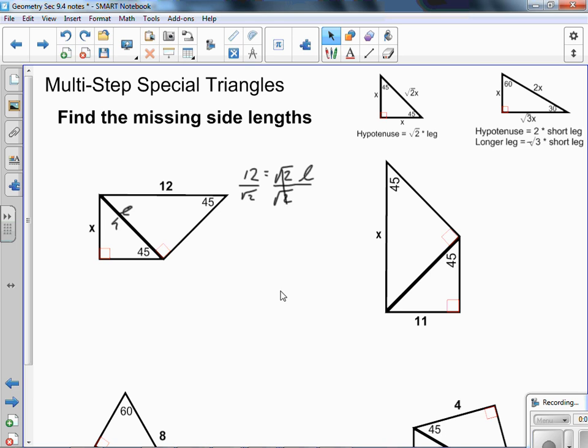That'll cancel out there. And then we've got to fix that 12 over the square root of 2 so that it doesn't have a radical in the denominator. So multiply by the square root of 2 on top and bottom. So now we have 12 square roots of 2 over 2 equals our L.